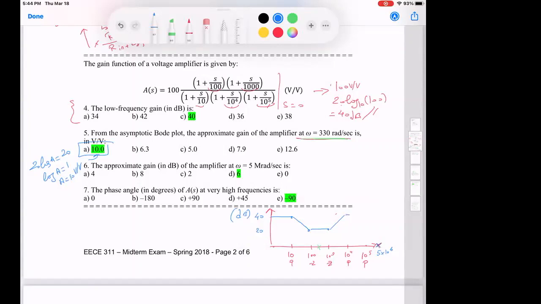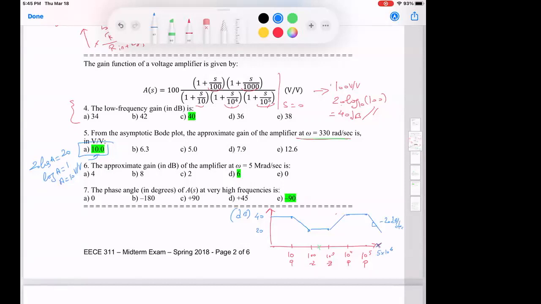Then I hit a pole, I'm going to flatten, plus 20 minus 20 becomes 0. Is that correct? Wait, let me calculate it. So here minus 20, here it became 0, here it became plus 20, here it returned to 0, here it's going to go down, right? At a slope of minus 20 dBs per decade. Please correct me if I missed something.